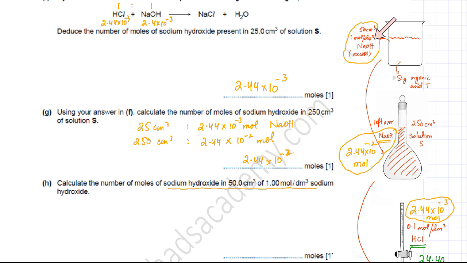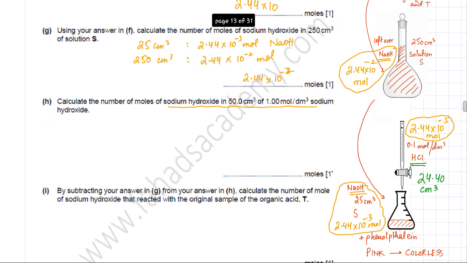Now we are asked to find the original NaOH that we added in this beaker. So volume and concentration are given. We can use the formula that moles is concentration multiplied by volume. The concentration in this case is 1 mole per decimeter cube, and I'm going to multiply it by the volume, which is 50 cm cube.